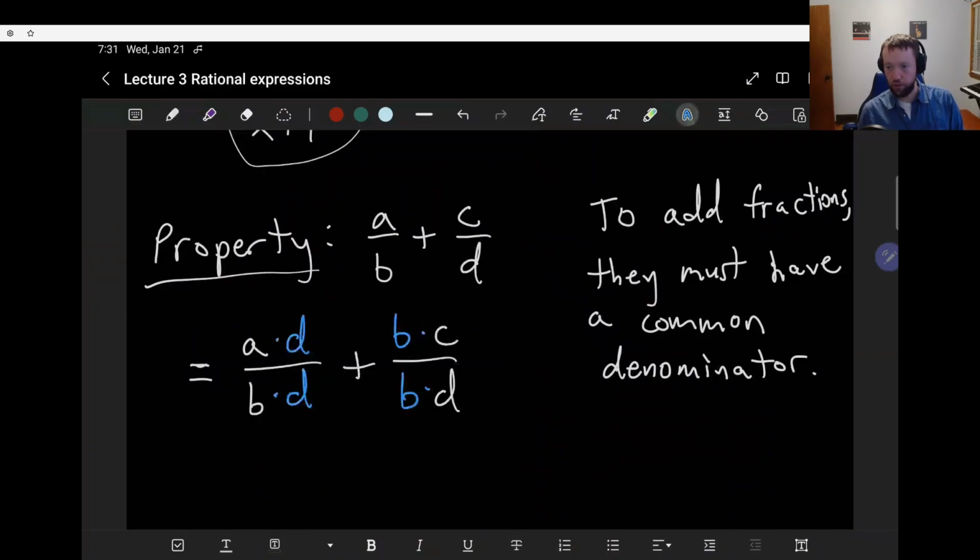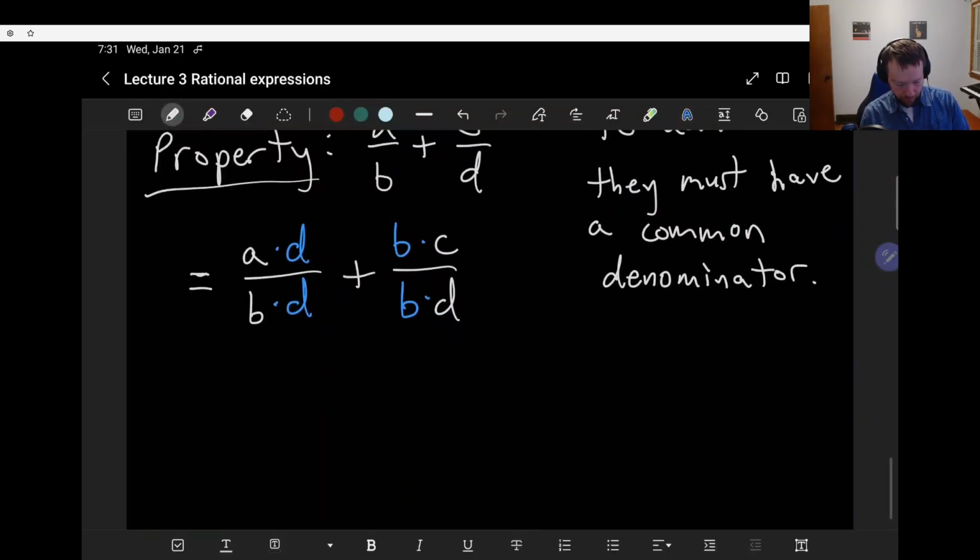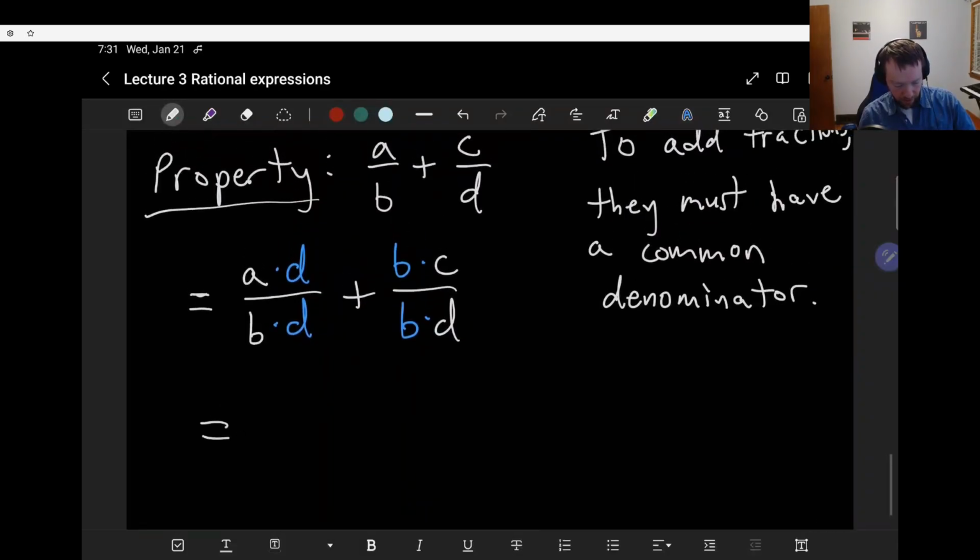These new things I threw in, I did the opposite of the reduction formula, or really just using that same formula, but going backwards. All right, anyway, now these have the same denominator, which means that I can actually add these. a times d plus b times c.